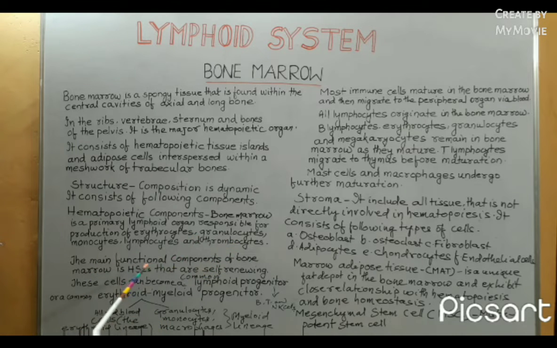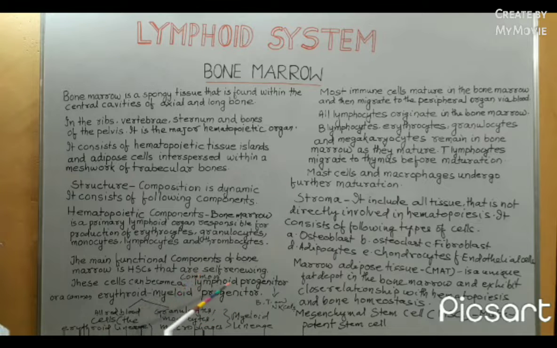The main functional components of bone marrow are hematopoietic stem cells. The hematopoietic stem cells are multipotent stem cells that are self-renewing, and these hematopoietic stem cells can become a common lymphoid progenitor or a common erythroid myeloid progenitor.